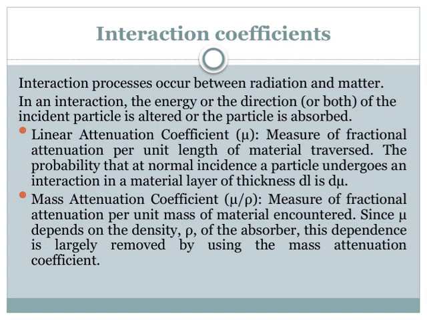Interaction processes occur between radiation and matter. In an interaction, the energy or the direction, or sometimes both, of the incident particle can change, or the particle can be absorbed completely. The key idea here is that these interactions are what cause attenuation of radiation as it passes through material. Now, to quantify this, we use the linear attenuation coefficient, represented by the symbol mu.